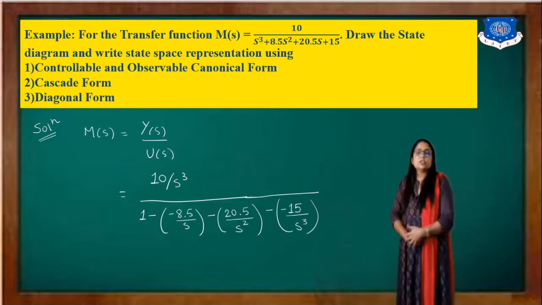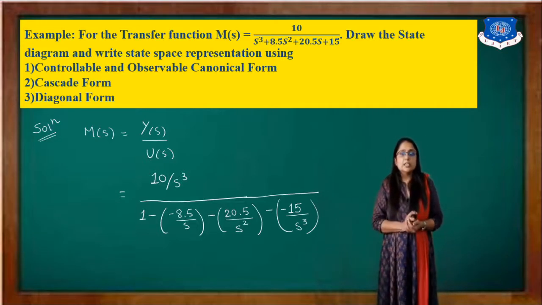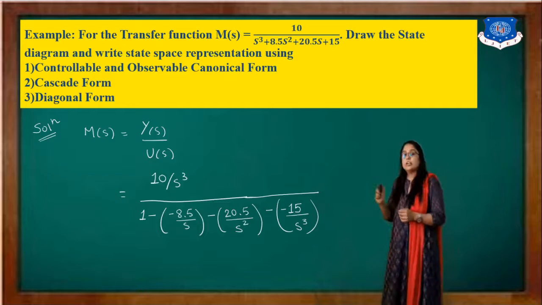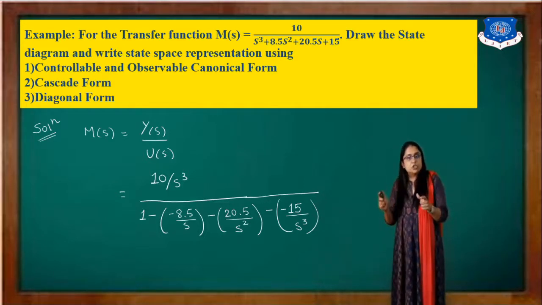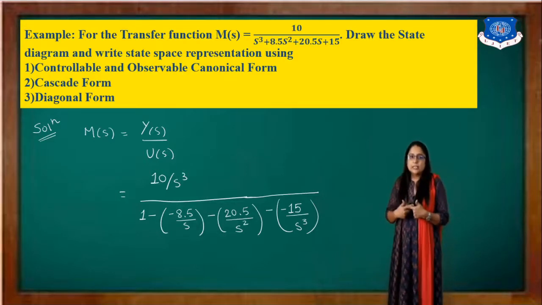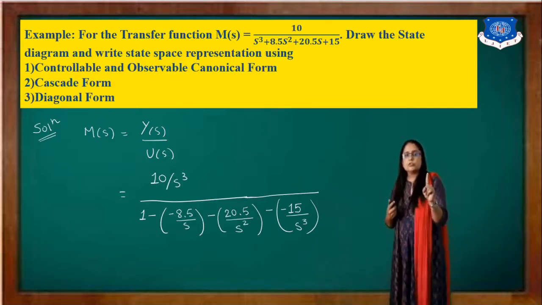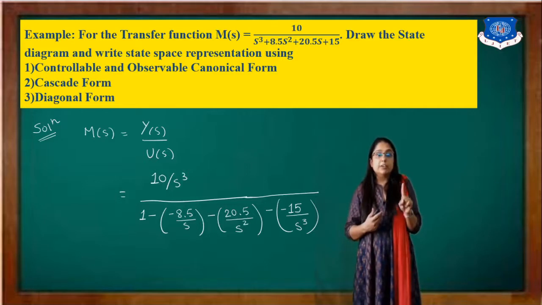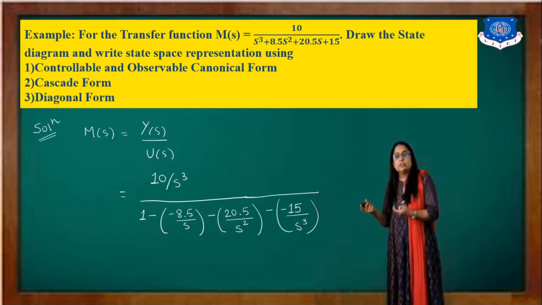Why? Because you remember our SFG, the signal flow graph. In a signal flow graph there is an equation of delta, if you remember: 1 minus individual loops plus 2 non-touching loops minus 3 non-touching loops, like that. But here we are going to consider only single loops. So in the single loop case, the equation of delta becomes delta equal to 1 minus individual loops.